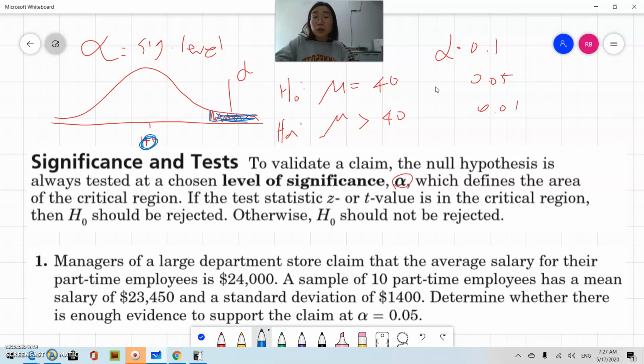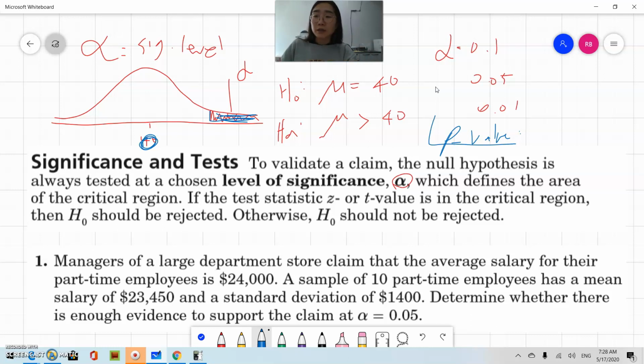And what you do eventually is compare not really the alpha level versus your z statistic or t statistic. We compare something called the p-value. And the p-value is basically a probability. It's a conditional probability, but we didn't really go into conditional probability. So we're just going to compare the significance level versus the z statistic.